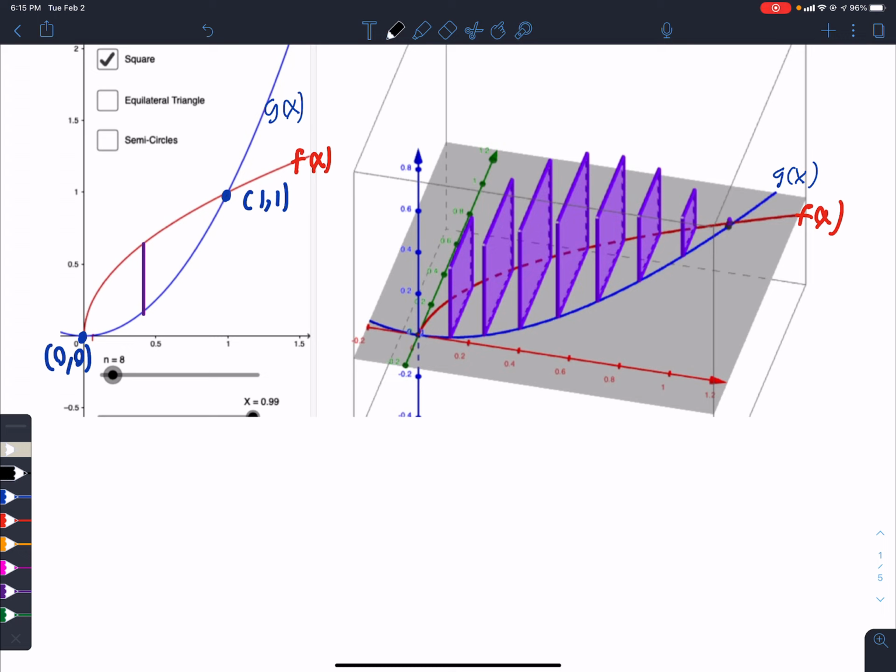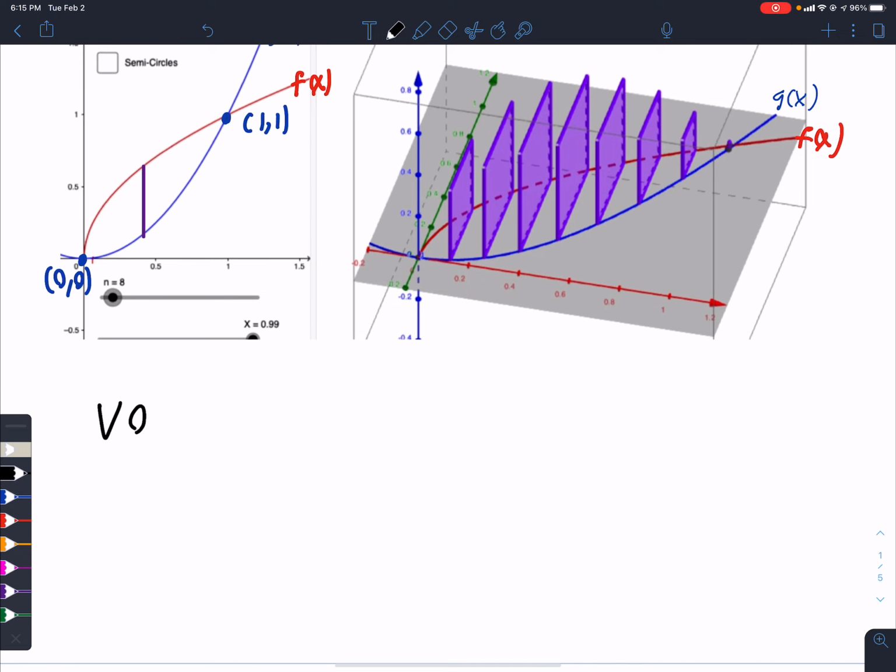So here's the formula. What's the volume of this known cross-section? Well, I'm going to add up the volume of all the squares. So I add them up, starting at 0, ending at 1, because we're going this way.